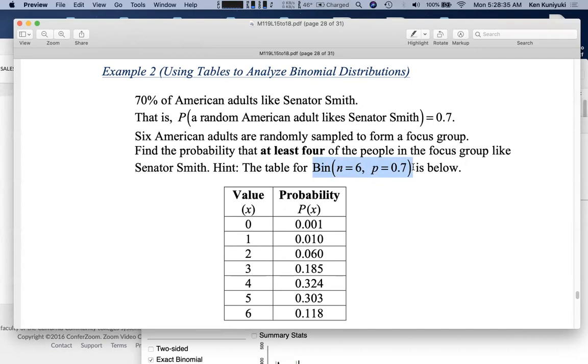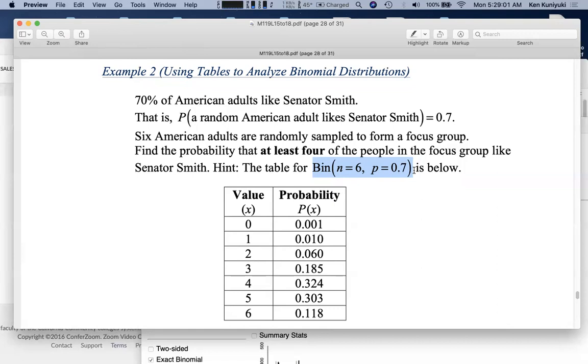If we let X be the number of people in the focus group who like Senator Smith, then X has this distribution: a binomial distribution where n equals 6, the number of trials, the sample size, the number of people in the focus group, and p equals 0.7, the success probability per American adult.